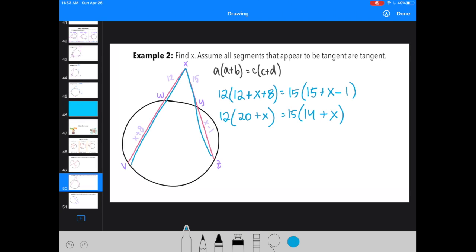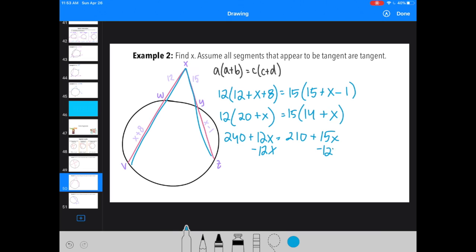Now I'm going to distribute. So 12 times 20 is 240. 240 plus 12x is equal to 15 times 14, which is 210 plus 15x.